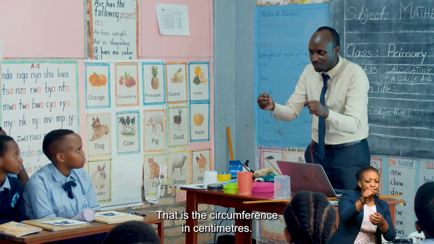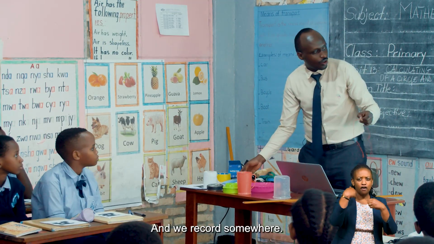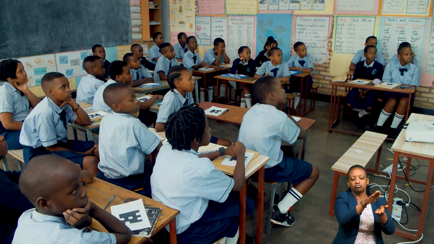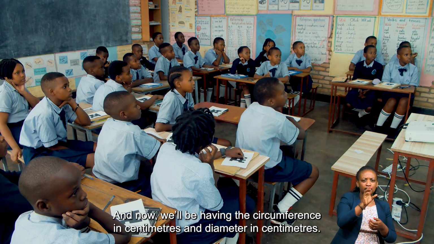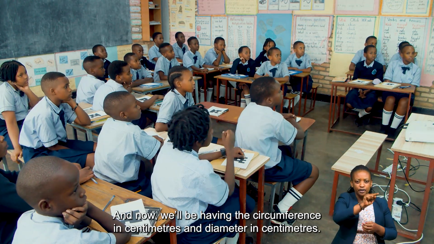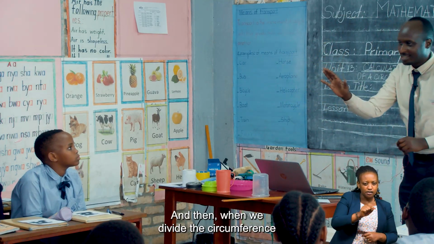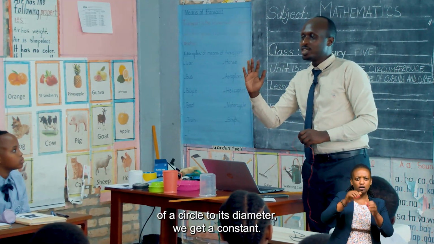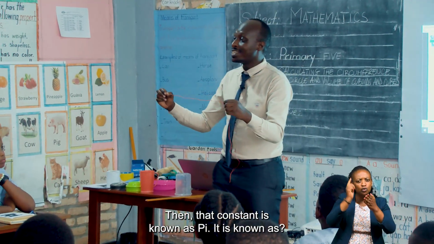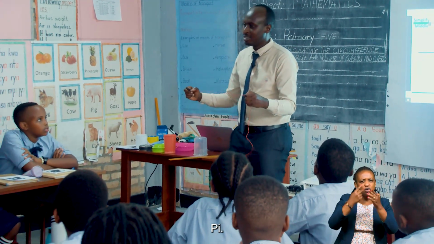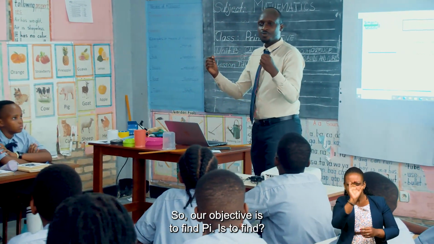That is the circumference in centimeters, right? And we record somewhere. And now we'll be having the circumference in centimeters and diameter in centimeters, right? And then when we divide the circumference of a circle by its diameter, we get a constant. Then that constant is known as pi. So our objective is to find pi.